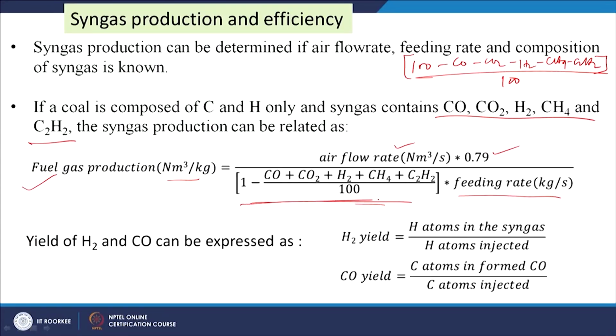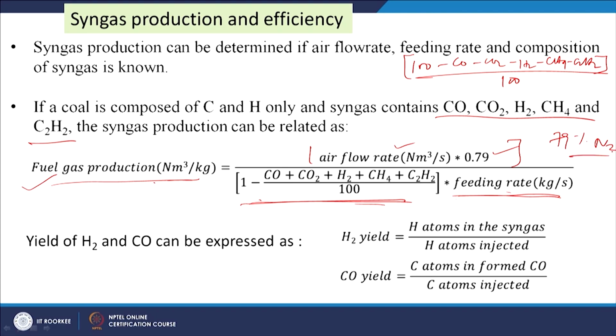So, the percentage of nitrogen into the feeding rate, where fuel gas production is given, will be the nitrogen available in the fuel gas, and this is the nitrogen available in the feedstock. So, nitrogen balance is there, and we are assuming that 79% is nitrogen.